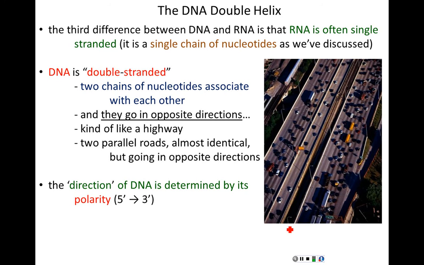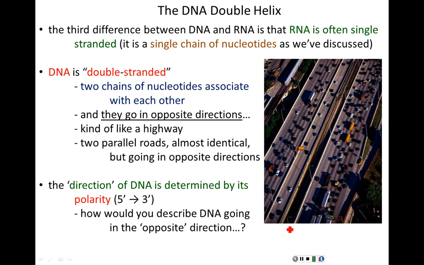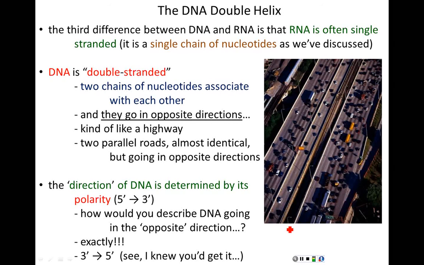So if we're saying that DNA strands go in opposite directions, and instead of saying north to south and south to north, we say that one strand is going 5' to 3', how would you describe the DNA that goes in the opposite direction? I'm listening very closely right now. That's right. I heard you. 3' to 5'. See, I knew you'd get it.